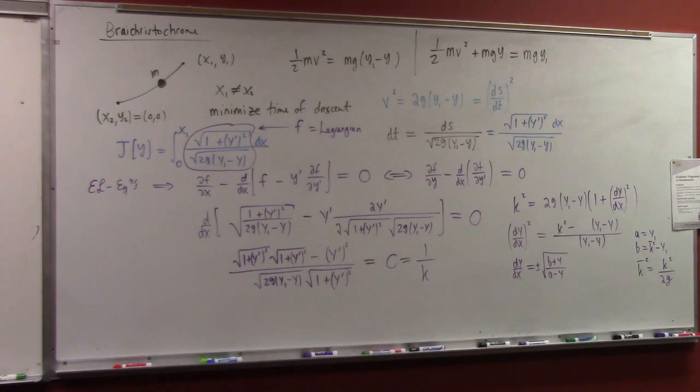And y is equal to (a plus b over 2) times (1 minus cosine theta) minus b. So that actually is the solution to the Brachistochrone problem.